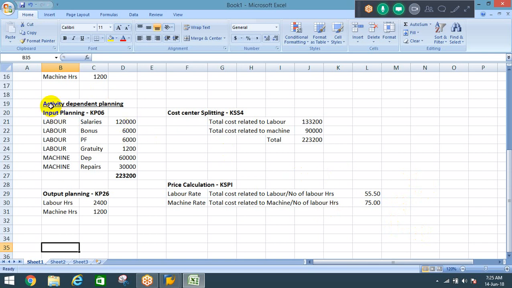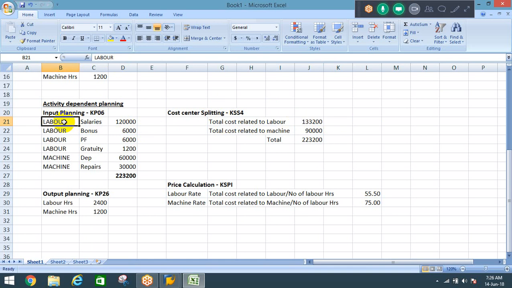So if you analyze the planning, activity dependent planning will get the correct price, because when we do the cost center splitting, we get the cost related to that particular activity. How we get it is, when we do the input planning, we plan the cost element with respect to activity type.